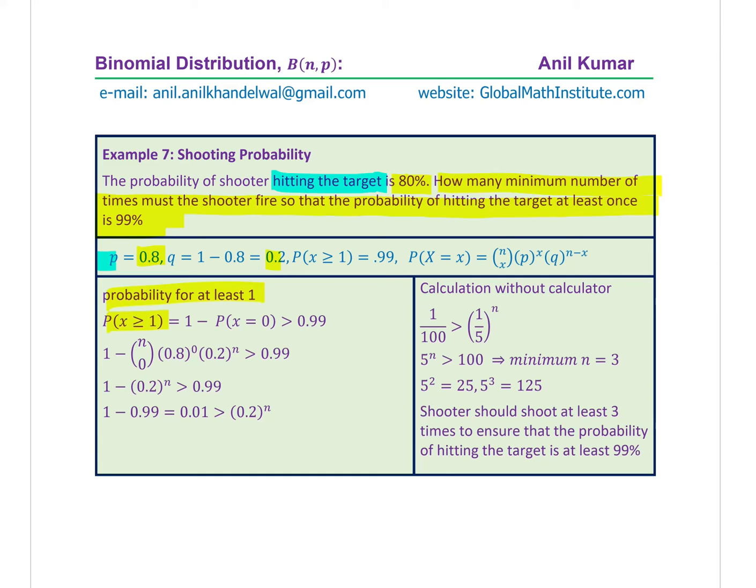So the probability for x being greater than or equal to 1 is 99%. And how many times can he do it? The value of n is to be found in this case. Do you understand? So this is kind of a rework. So it involves reverse calculations, right?